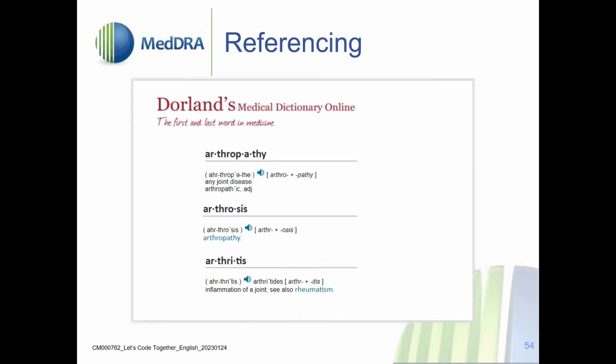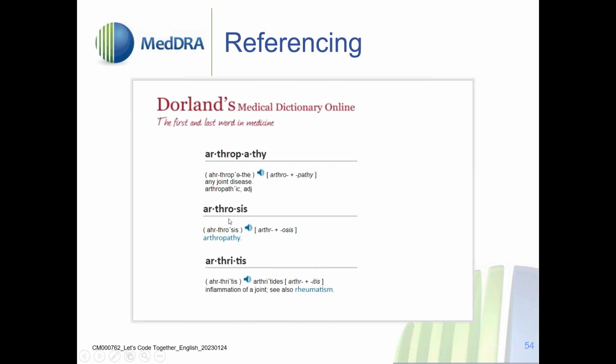Let me close the poll and let's first look into Dorland's again to get more clarity on these medical terms. You see that arthropathy is clear. It's a general term for any unspecified joint disease. And the next definition really surprised me.